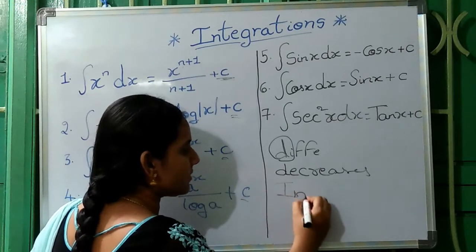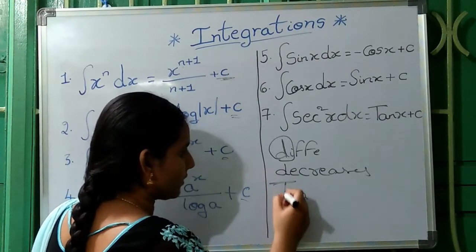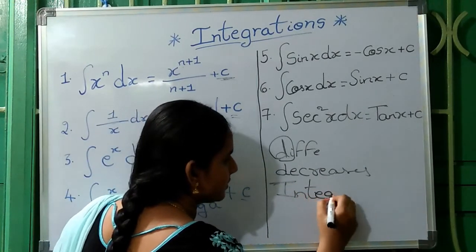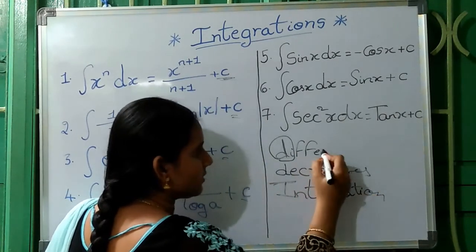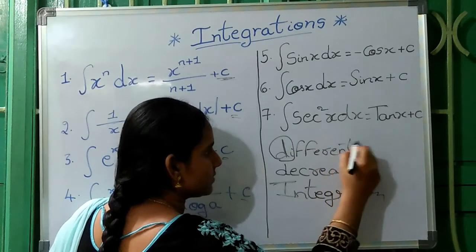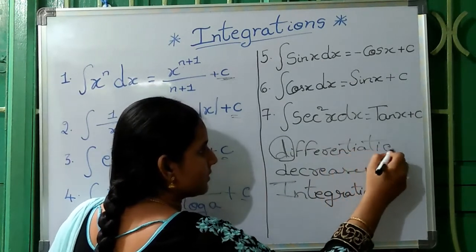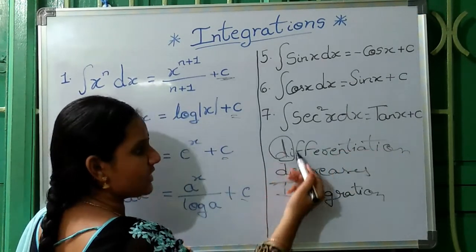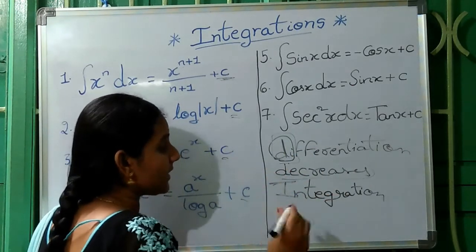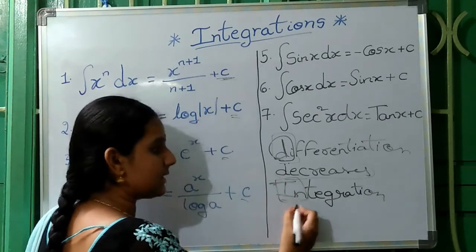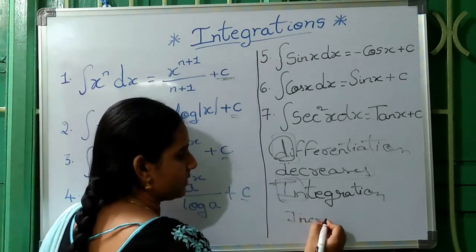And integration increases it. In differentiation there is d, that is, the degree of x decreases, and in integration it increases.